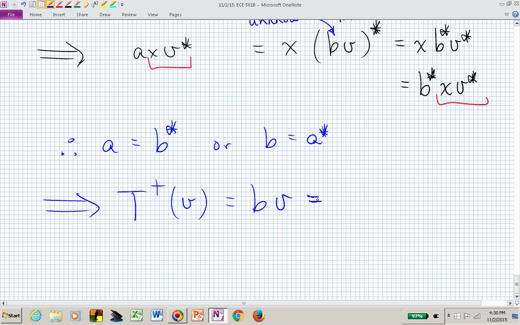We just said it was some unknown B, but now we know what that unknown B is in terms of the original linear map T. That's just the complex conjugate of A times V.